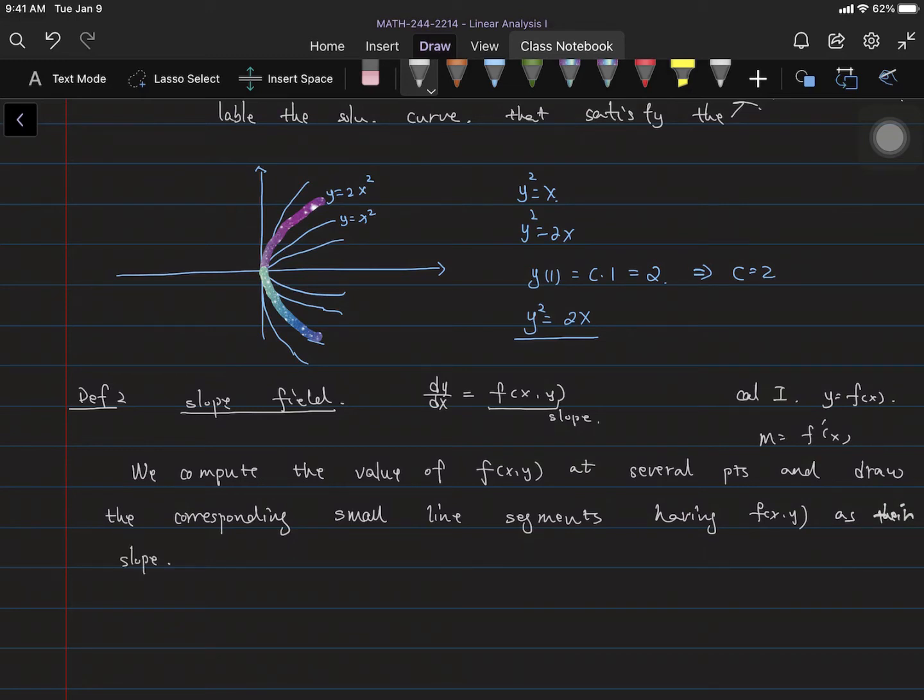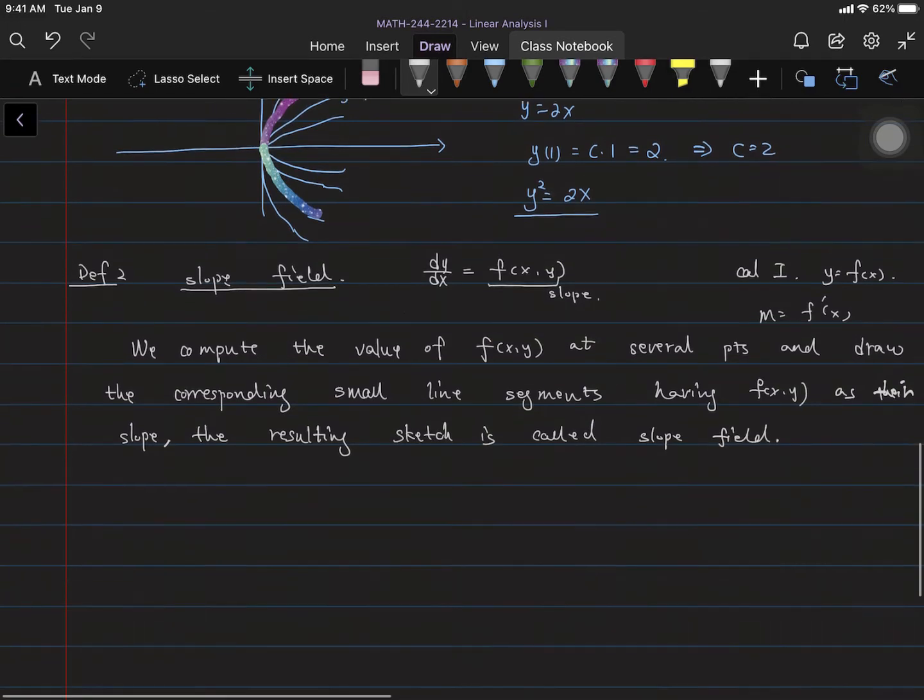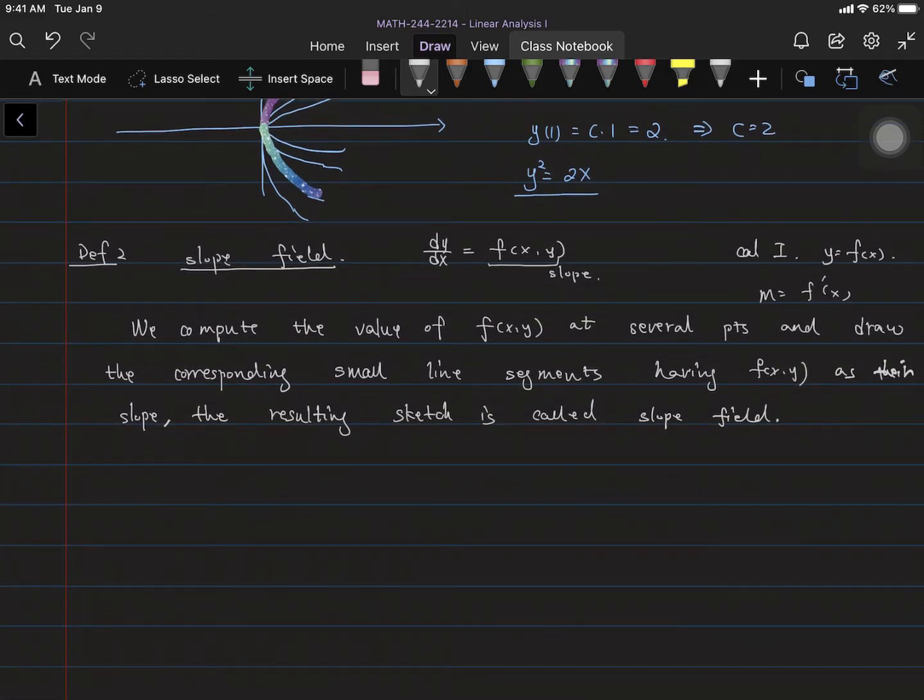And the resulting sketch is called the slope field. I'm going to show you how to do this in the example because it's hard to see from here. But from the example, it's pretty easy. The right side is just a slope. That's why it's called slope field.